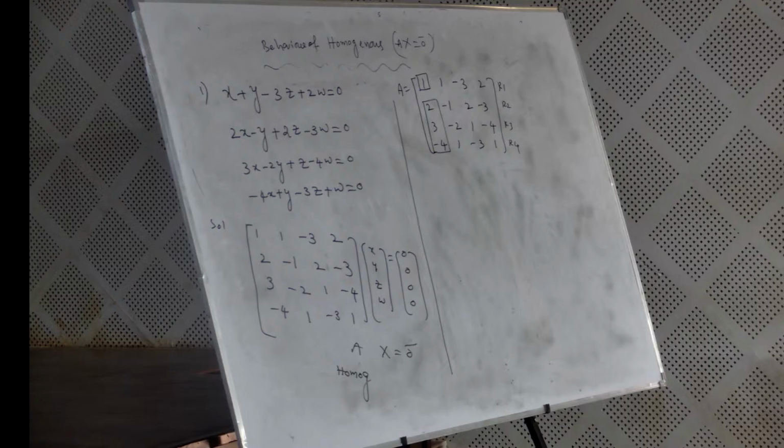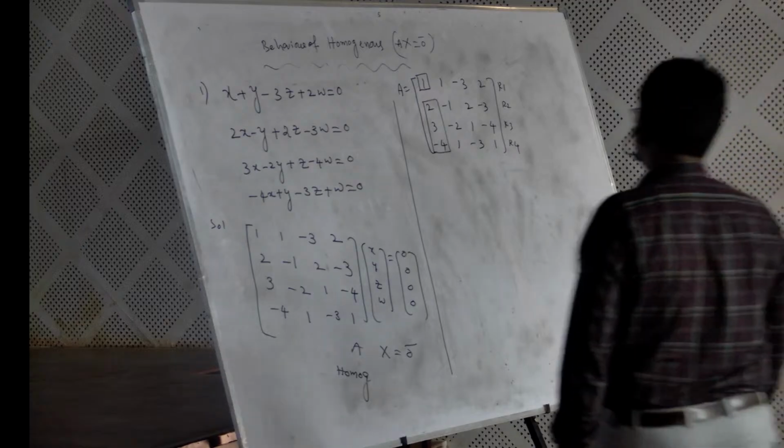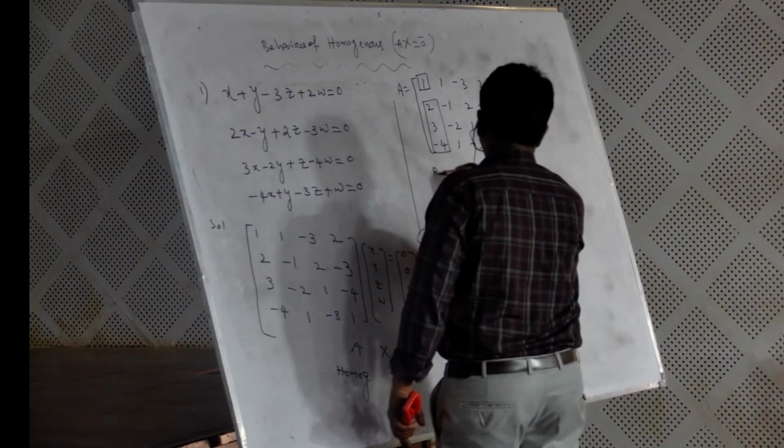Echelon form means row operations. R2 implies R2 minus 2R1.